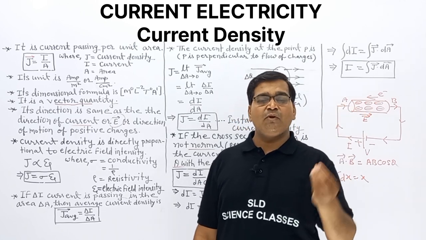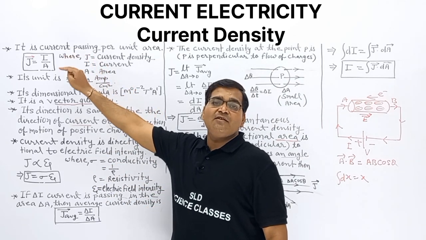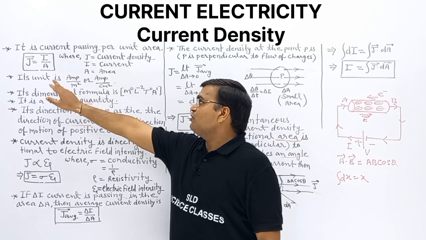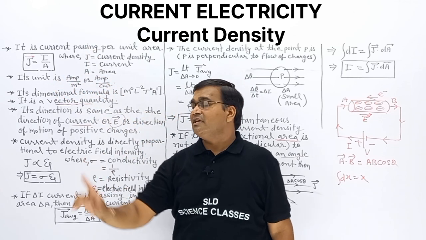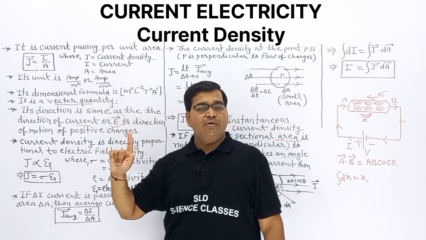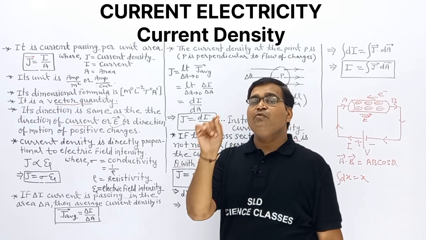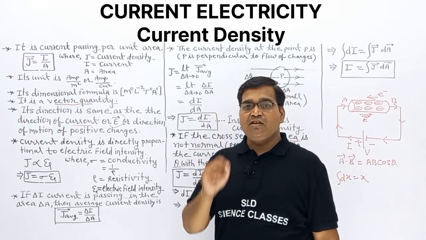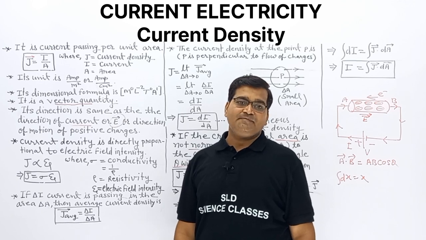I am revising in one to two minutes what we are studying. Current density is current passing per unit area. Its unit is ampere per meter square in MKS, ampere per centimeter square in CGS. It is a vector quantity, so its direction is the same as the current, which is the electric field direction, the direction of positive charge.